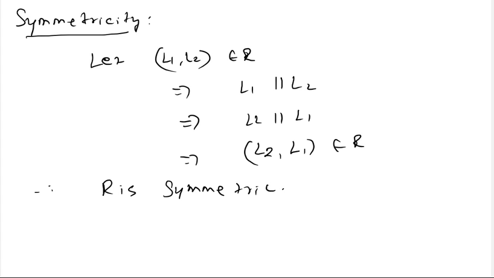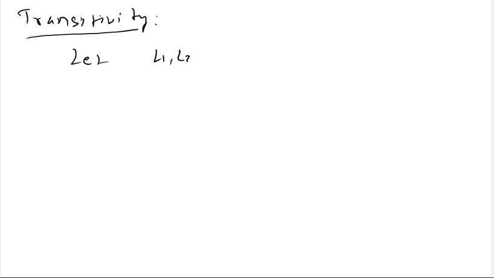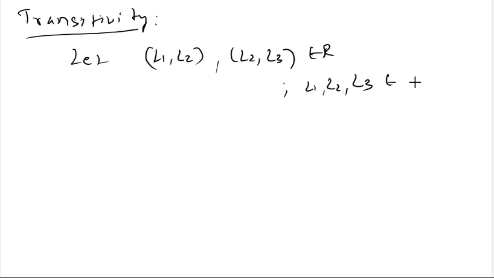Okay, and to test transitivity, let us take two ordered pairs (L1, L2) and (L2, L3) belonging to R, and here L1, L2, L3 belong to the set L, a collection of straight lines in a plane. This implies L1 is parallel to L2 and L2 is parallel to L3.